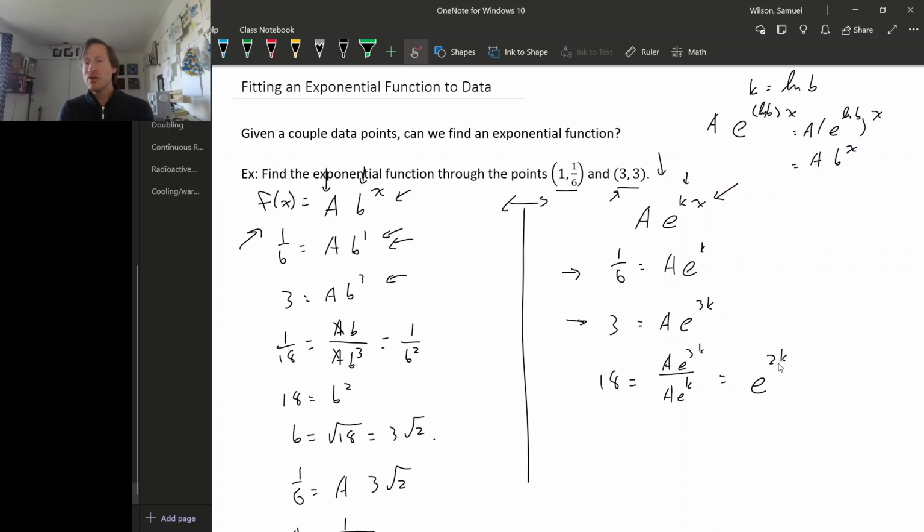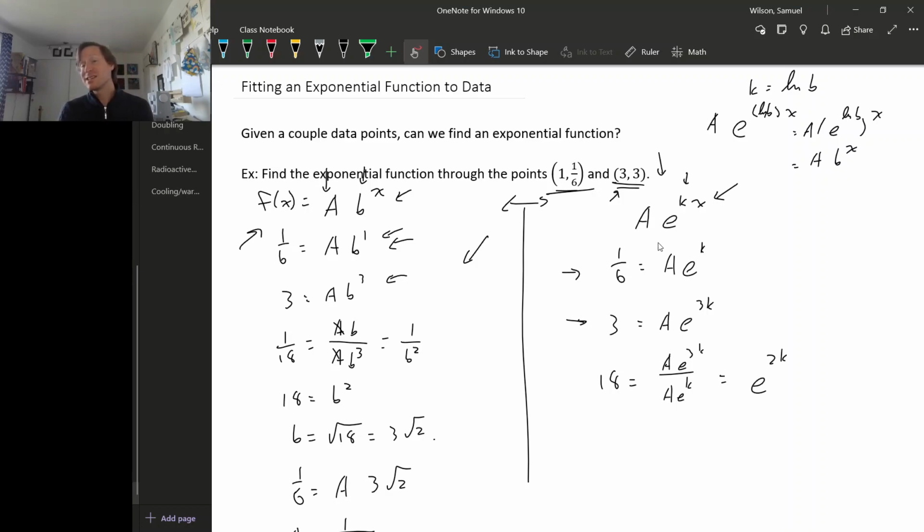Okay, now we're solving an equation for k, and we're going to have to use a logarithm. So for this particular example, we got exact results using the first method. If you're going to use this a e to the kx version of an exponential, you're kind of committing to using decimal approximations.